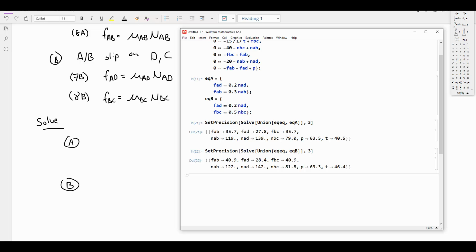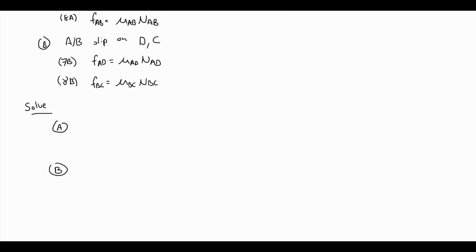But let's go back and just write it down and discuss from there. Recapping just the final results here, scenario A came out with a P of 63.5 pounds, so I'll call it PA. And in scenario B, we got a P value of 69.3 pounds. For the reasons we discussed, we're really looking for the lowest P before motion occurs, and that will be P max.